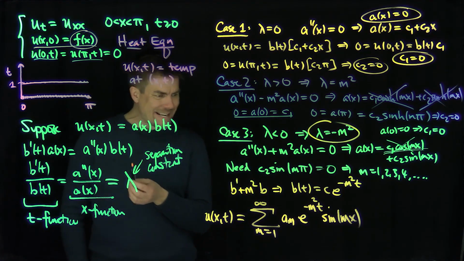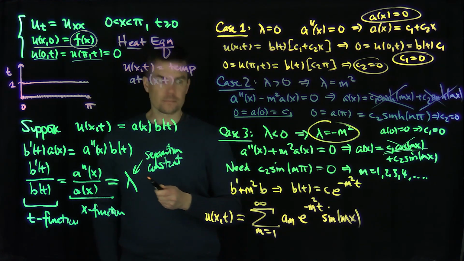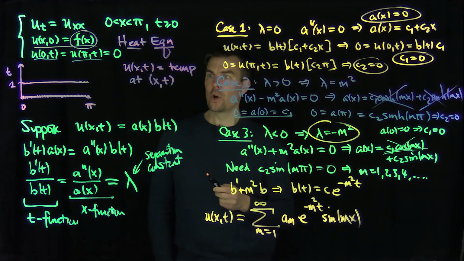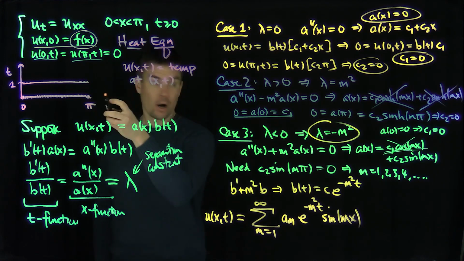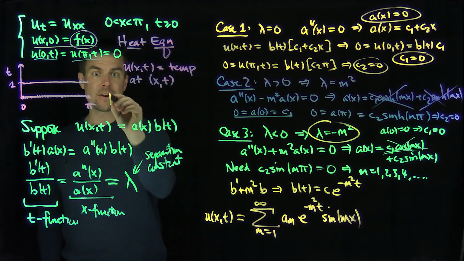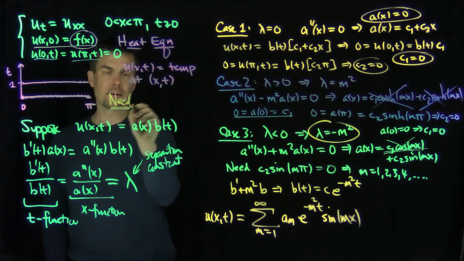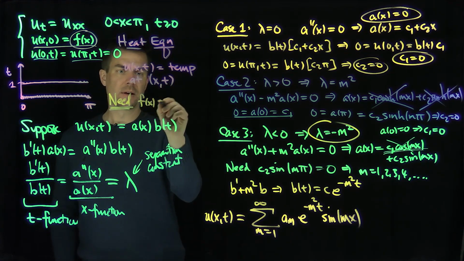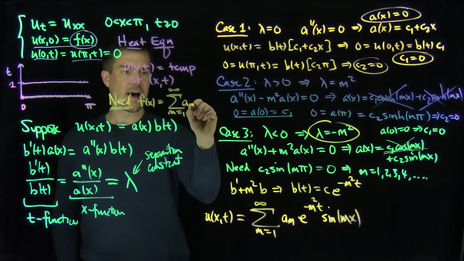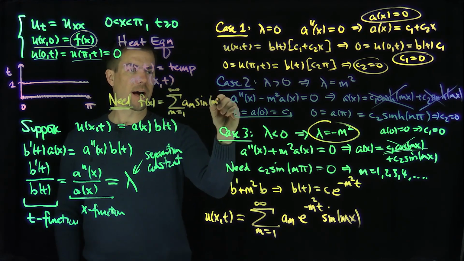Now, what do we need over here? So, of course, when we plug in t equals 0 into this formula, we need the result to be f of x. So what we need is that f of x is the sum, m from 1 to infinity, of a_m sine mx.